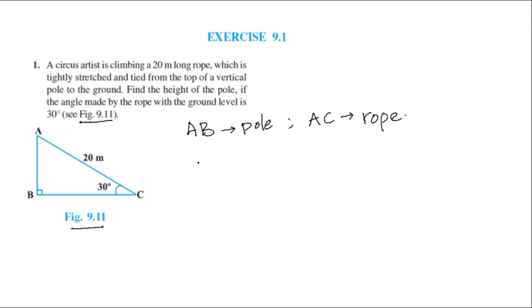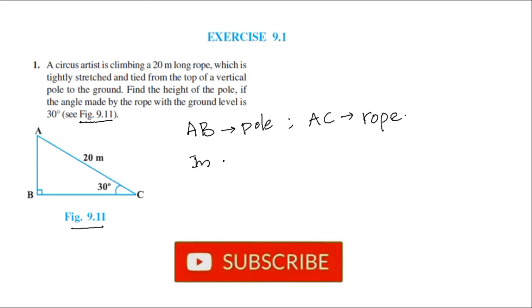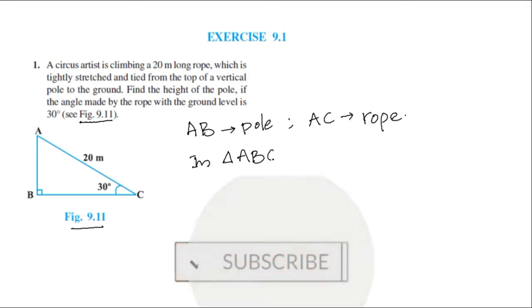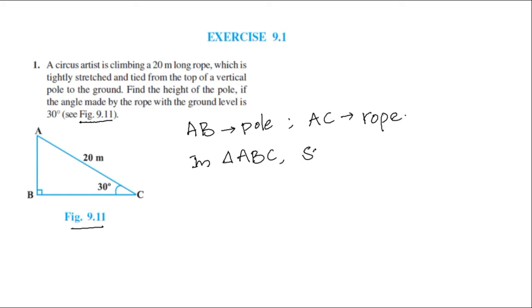Here there is a right angle formed in triangle ABC. With respect to angle C, we have sine of 30 degree equal to opposite side, which is AB, upon hypotenuse, which is 20 meter, which is AC. Let me substitute. Sine of 30 degree is 1 upon 2, which is equal to AB upon AC.